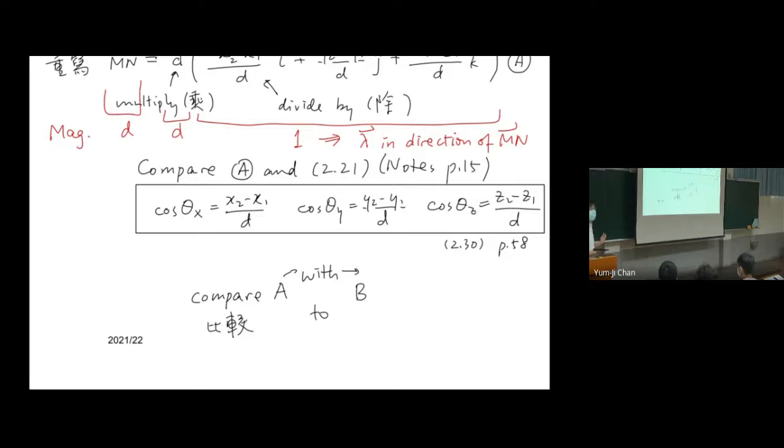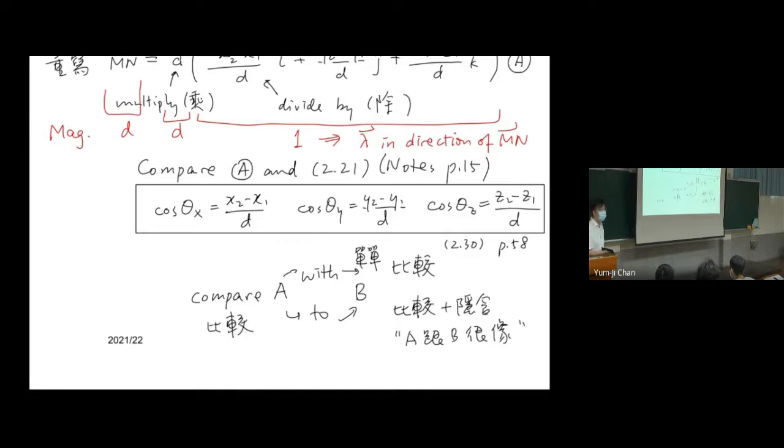If we say compare A with B, we are simply comparing them. We are saying the similarities and differences between A and B. If we say compare A to B, it means... It's okay.